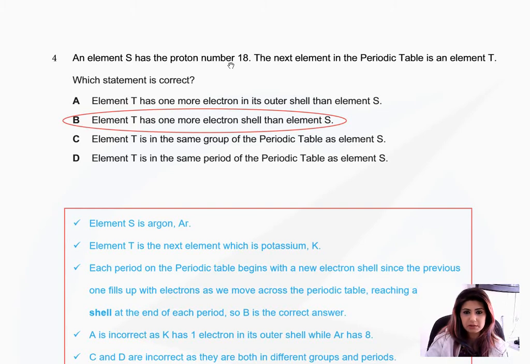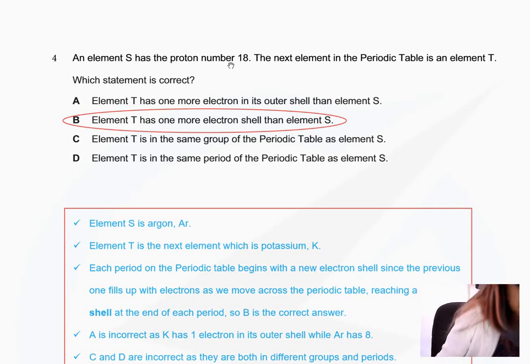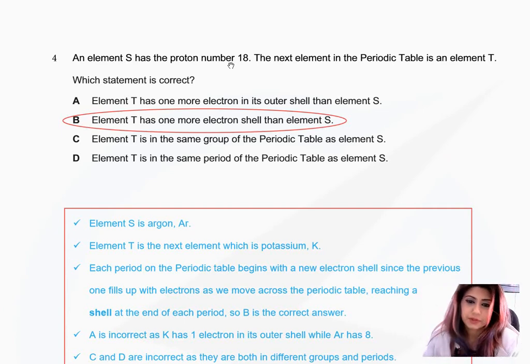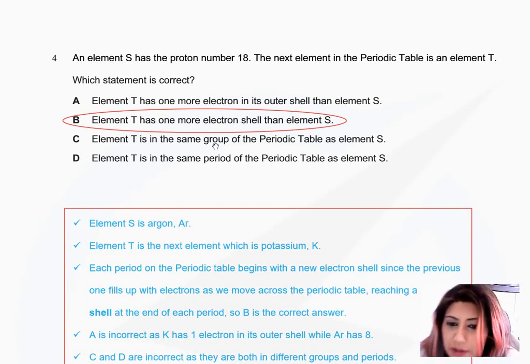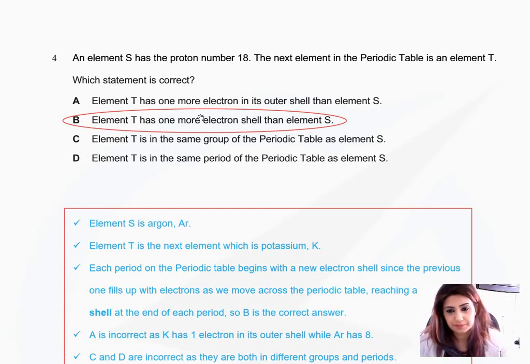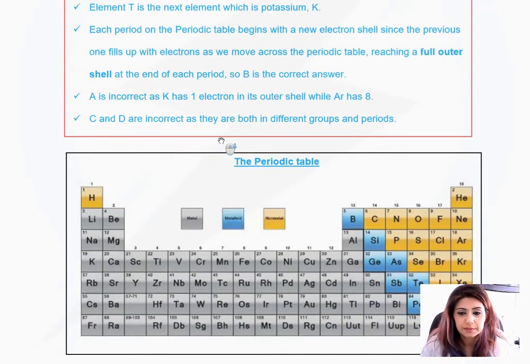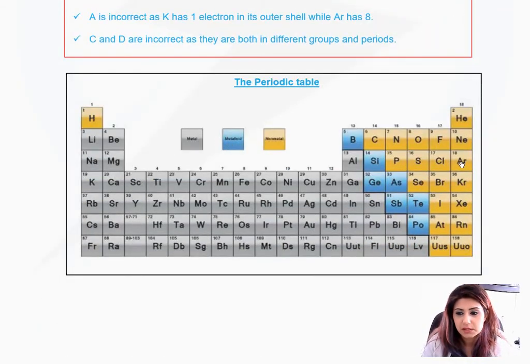So the next element after argon will be potassium, where there's only 1 electron extra as compared to S. So this is argon, so potassium would be here with 1 extra electron.